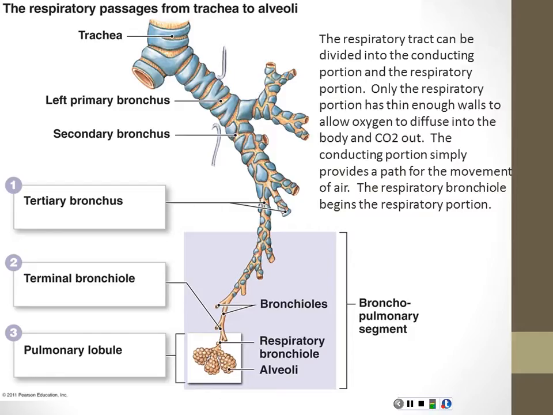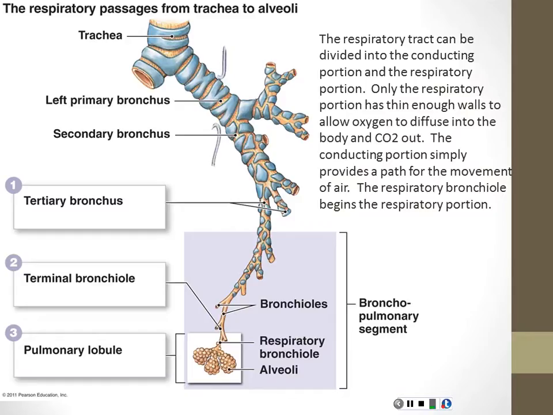The reason for that is the walls are too thick. So until you get all the way down here to the respiratory bronchioles, there's too much distance between the air inside the tube and the tissues of the body for oxygen and carbon dioxide to actually move. In order for those gases to exchange, you need to have a very thin membrane.